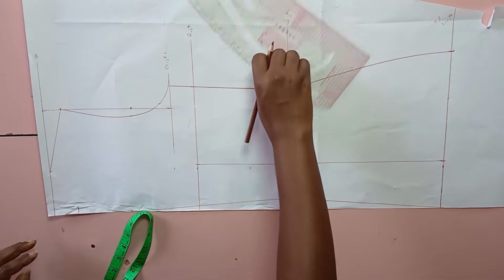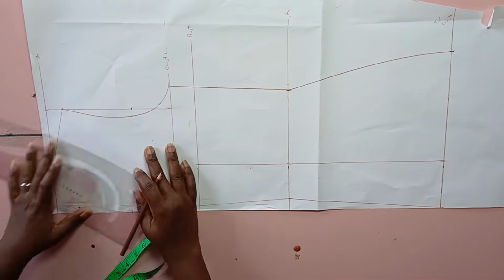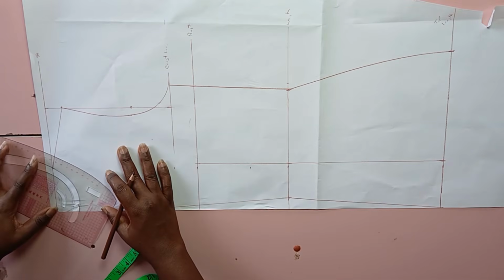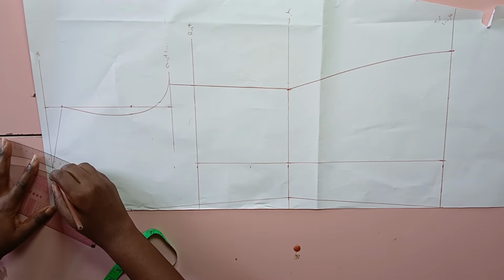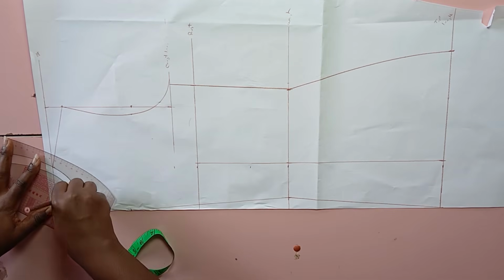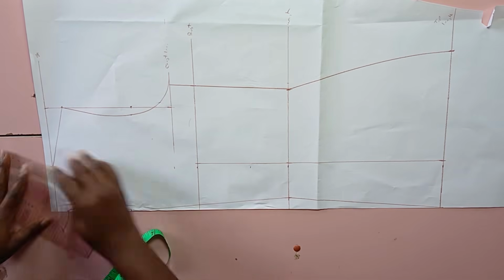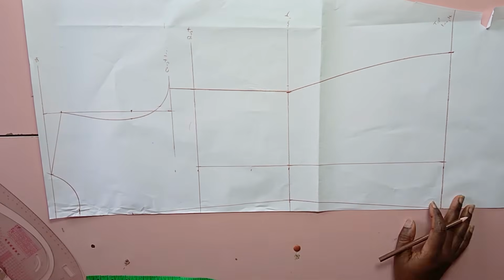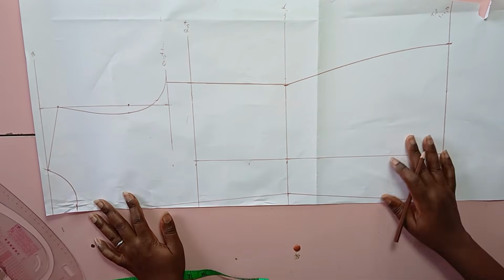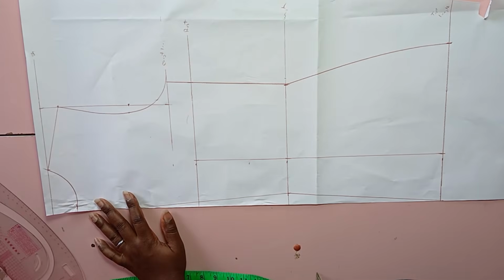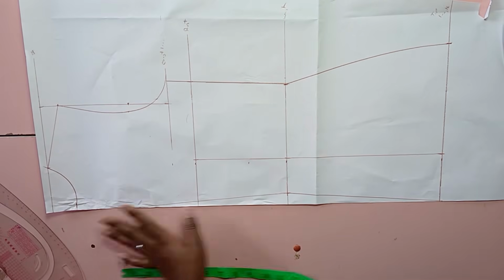For the back, there's no design, it's just a regular back bodice. So now that we've done this, we can go ahead to cut out our back pattern.